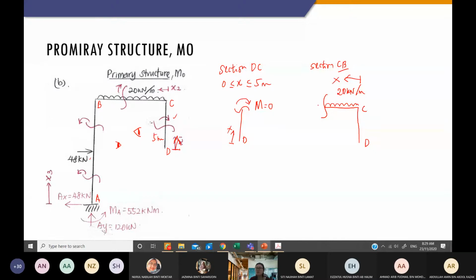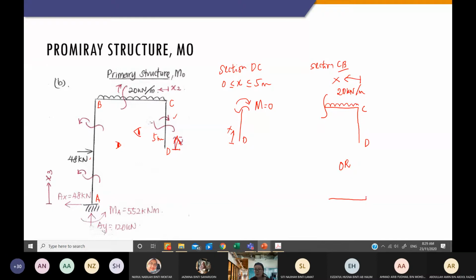Sometimes in our previous assignment, we faced some problems in getting the distance. So in another way, you can draw your free body diagram like this.